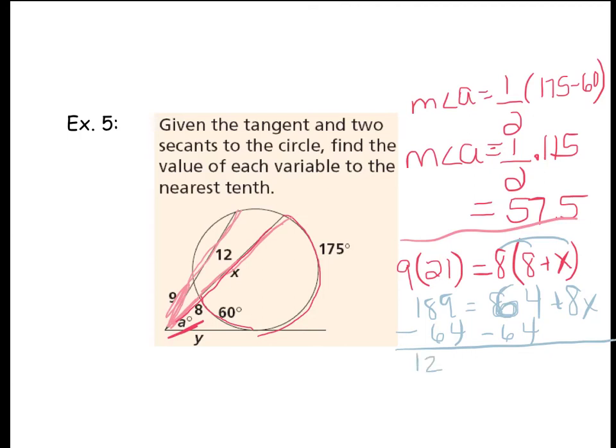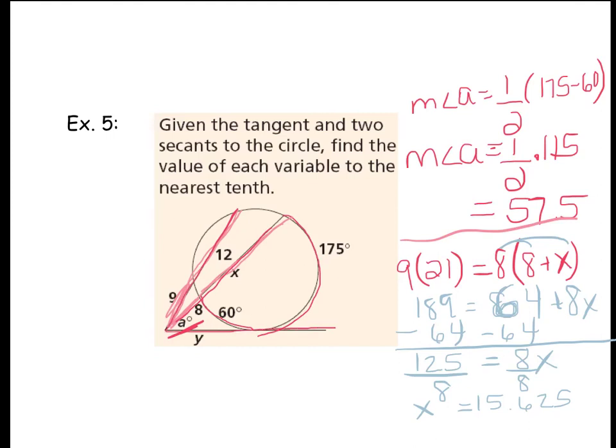So 125 equals 8x, divide by 8, and you end up with 15.625 for our x.